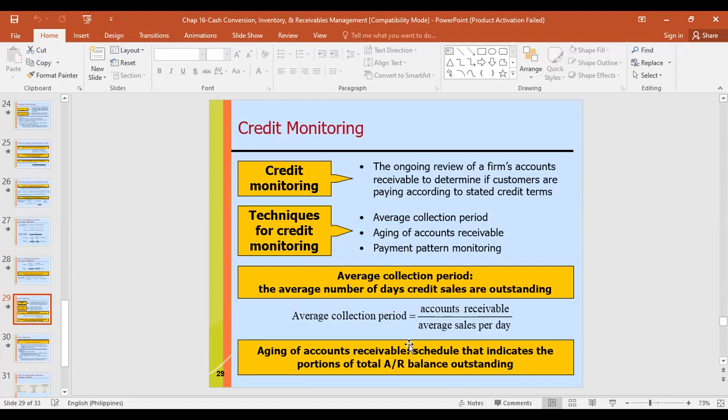But then we've already mentioned a while ago, and a lot of times, about using our turnover formula. And then next would be the ACP formula. Okay.